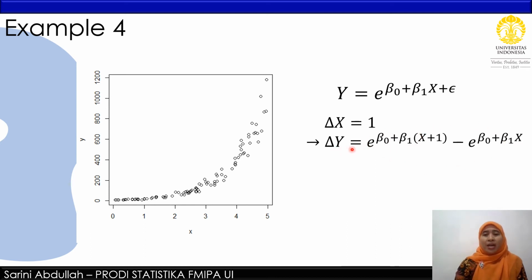The change in y depends on where x starts changing from, from one value to another value. So x from 90 to 91, the change in y is different from when you change x from 100 to 101, for example. Because the change in y is not constant and depends on the value of x, we say that this model is not a linear model.